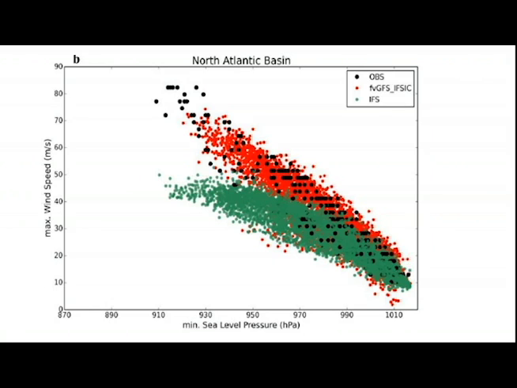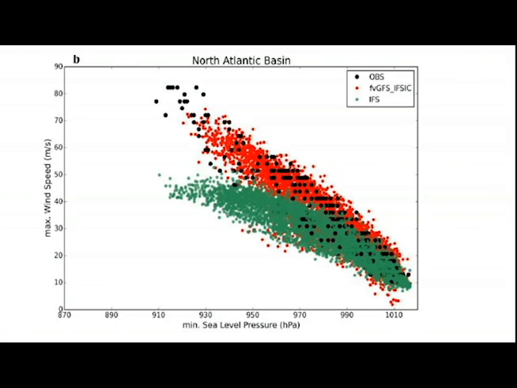It's really the dynamics and the resolution, and the dynamics and the resolution go hand in hand. So you can see this is the wind-pressure relationship, and the ECMWF forecast is like this, and the black are the observations. In this case, it doesn't matter what initial condition we use. We switch to the GFS initial condition, we pretty much get the same result.